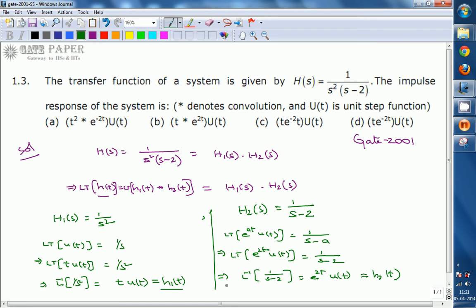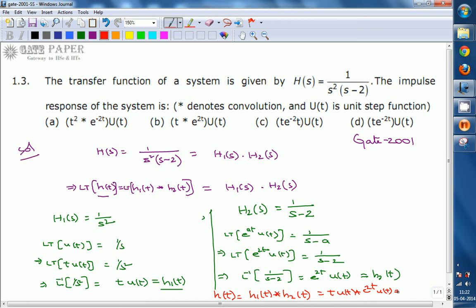Then finally we know that h of t, the impulse response of the given transfer function, is h1 of t convoluted with h2 of t, that is t u of t convoluted with e power 2t u of t.